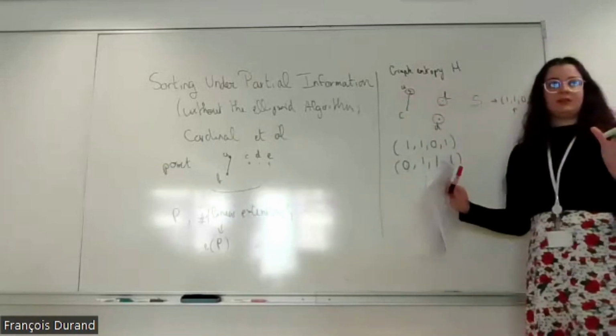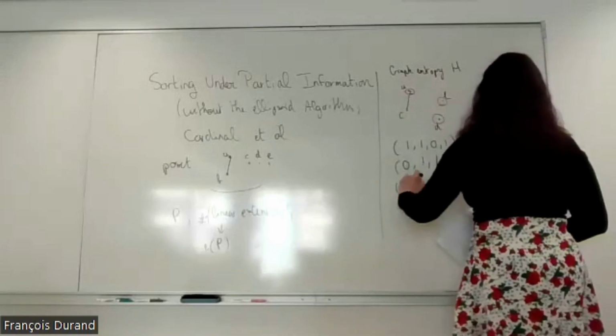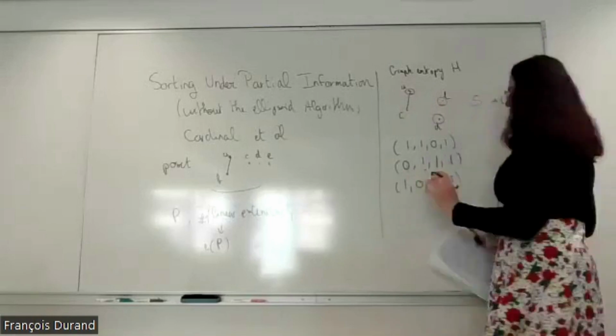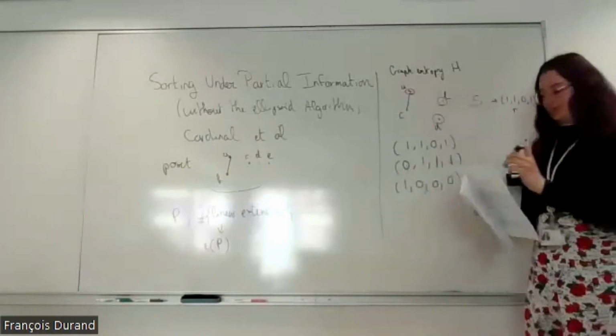You don't necessarily take maximal sets. For example, a valid example could be just 1, 0, 0, 0, where you just take A. This is an independent set.